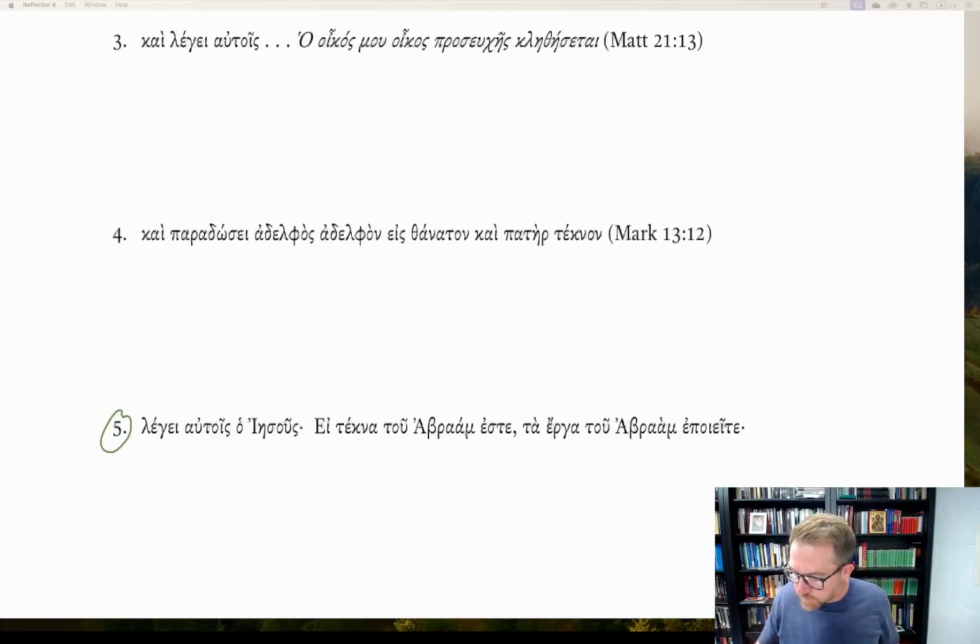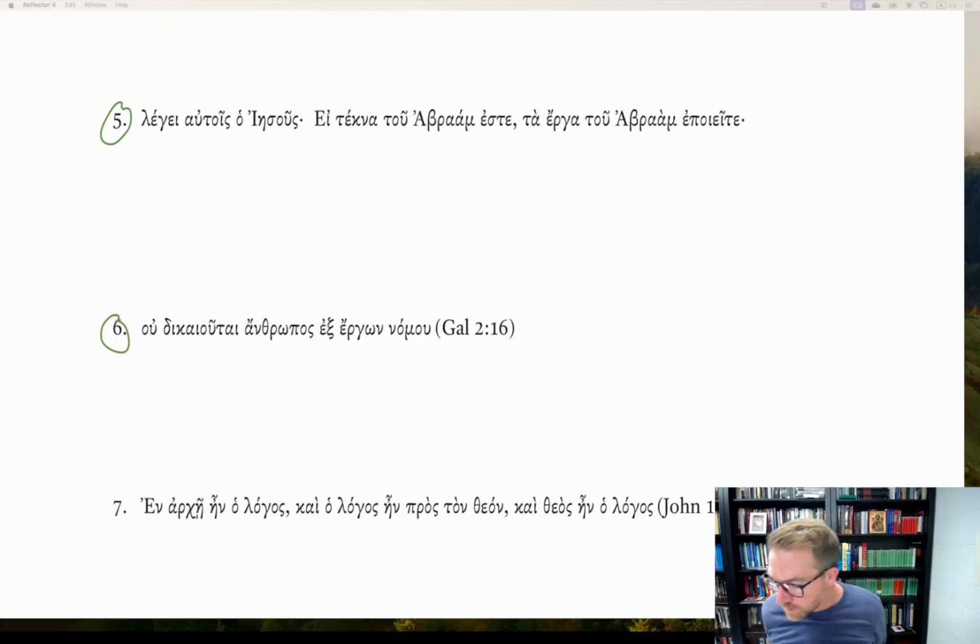One more example from the New Testament, or two more examples, excuse me. This one, number 5. Legei autois ho Iesous ei tekna tou Abraam este, ta erga tou Abraam poieite. Now, I don't have this written down, but this is from the Gospel of John. And if we look in Croy, he'd tell us that this example is from lesson 4.